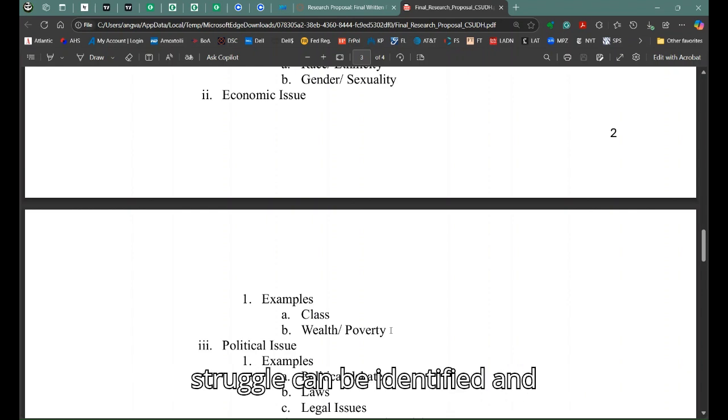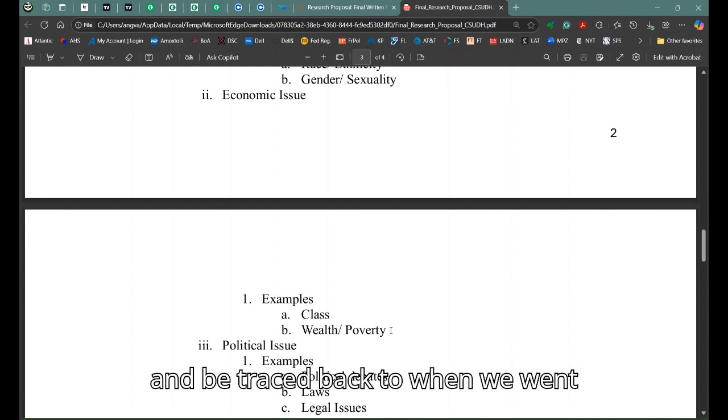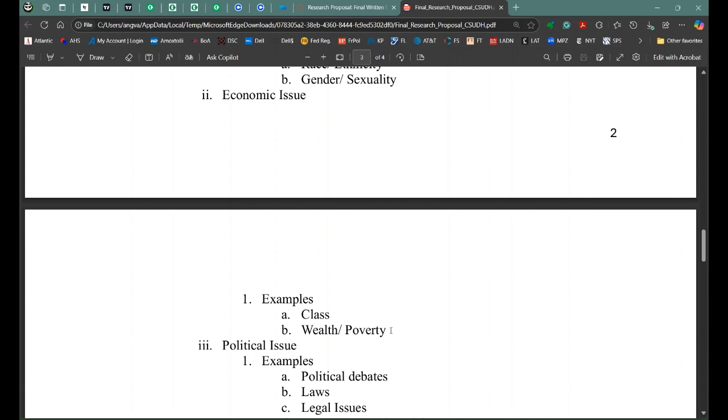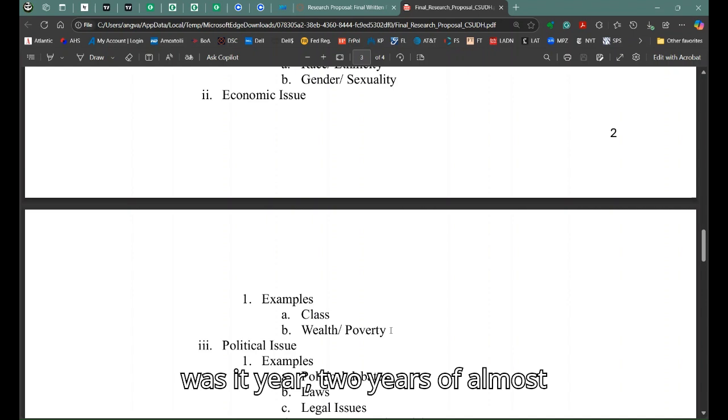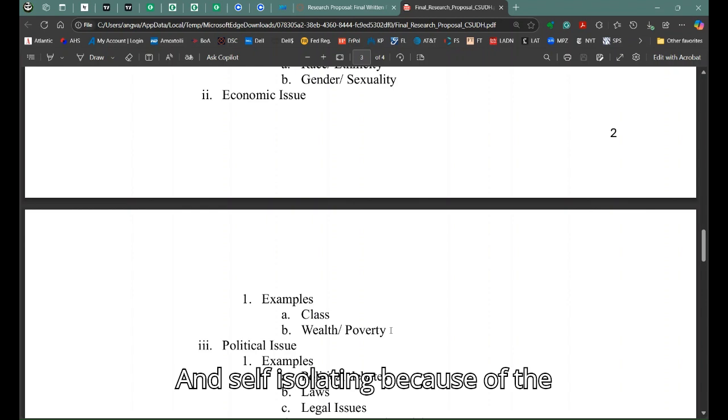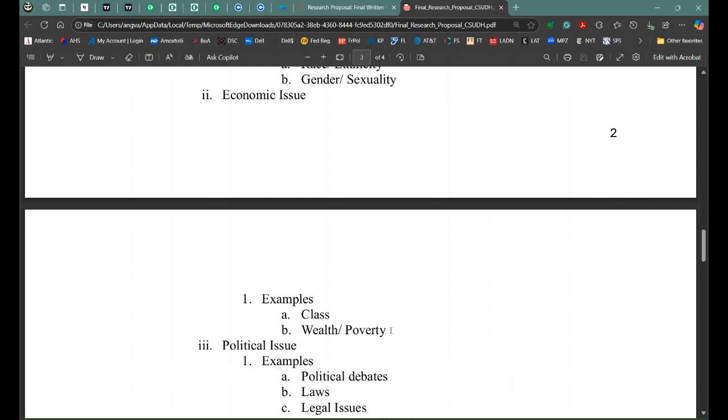Part of the economic struggle can be traced back to the COVID pandemic, when corporations increased their prices to try to make up for lost profits during the almost two years of staying at home and self-isolating.